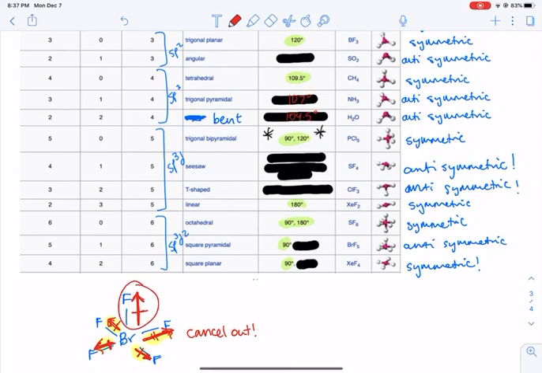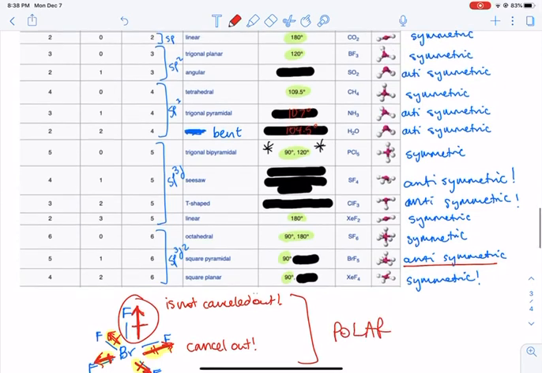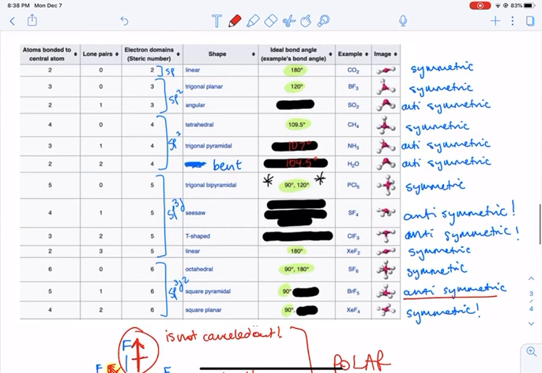This one is not canceled out. That's why we call it antisymmetric. That's why this molecule would be considered polar. In all of these antisymmetric cases here, if you draw the dipole moments, you'll see that one is either left uncanceled or several of them add together to give a net direction, to give a net dipole in a certain direction.